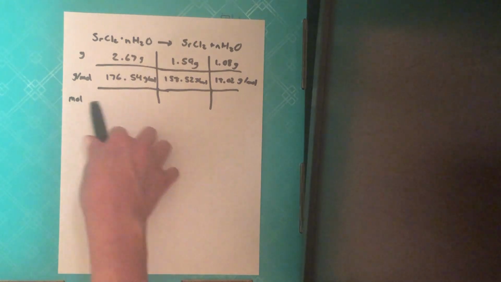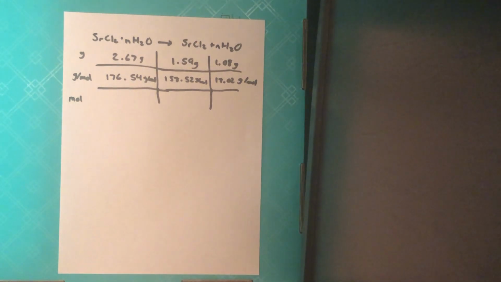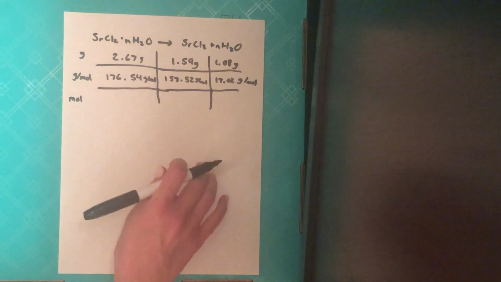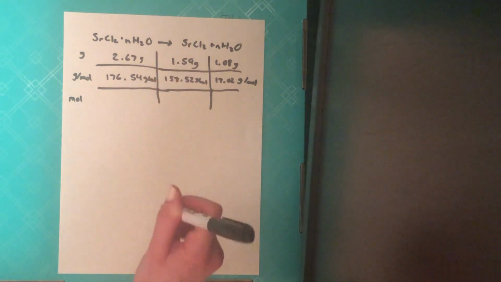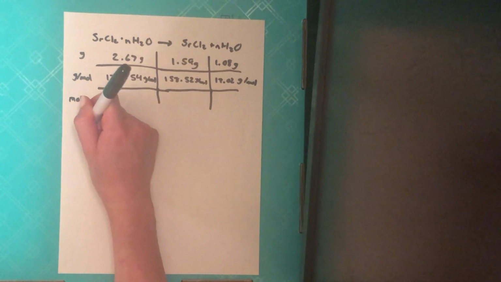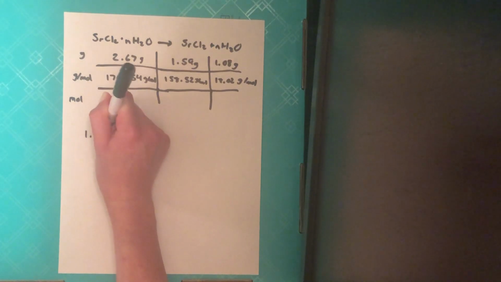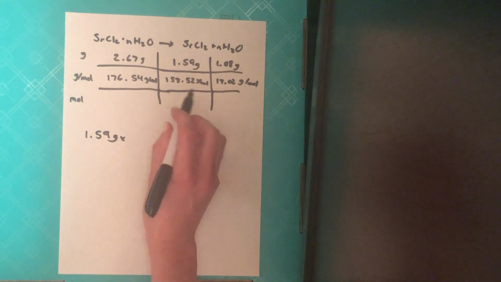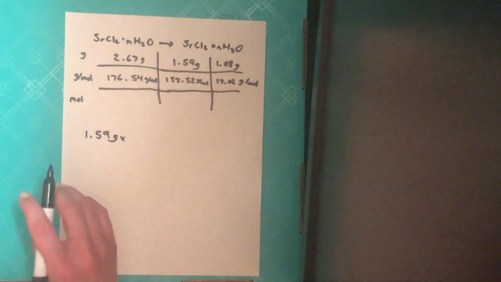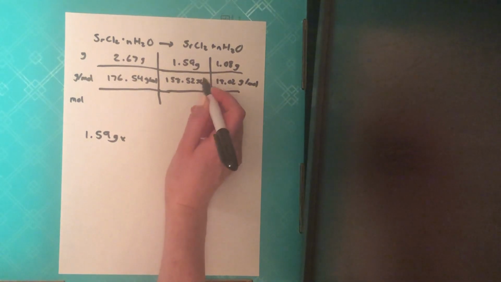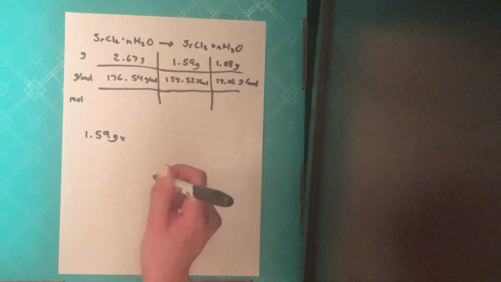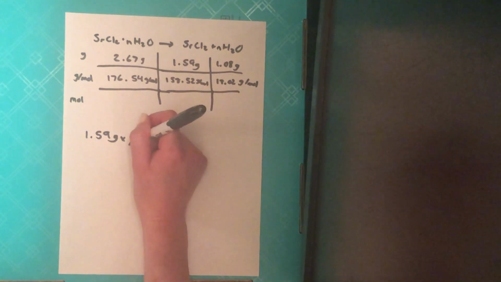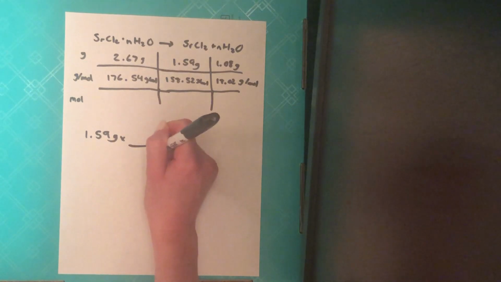Now we're going to calculate how many moles of our end products we have. The way that we're going to do this is start out with our 1.59 grams of strontium chloride. Then we're going to set up our dimensional analysis so that our units cancel. We know that our units here are grams per mole. We want the grams to cancel each other out, so we'll put our grams on the bottom.